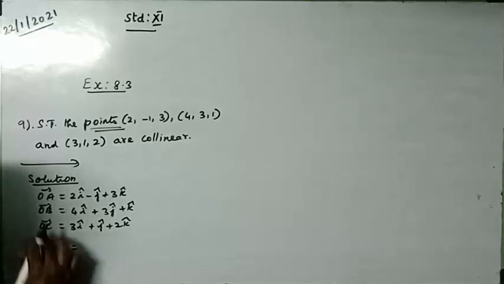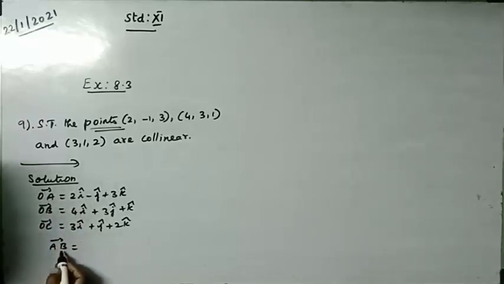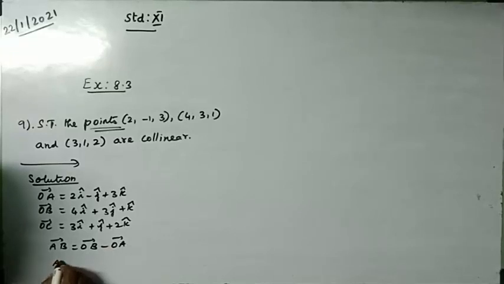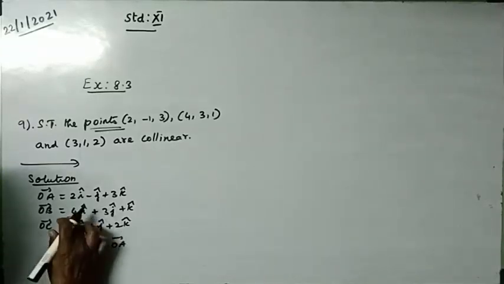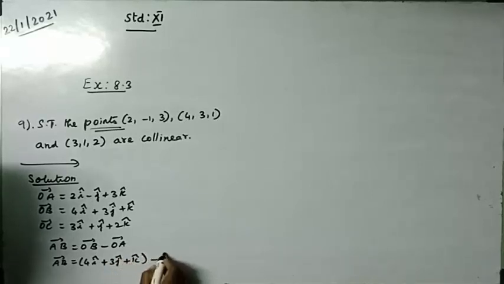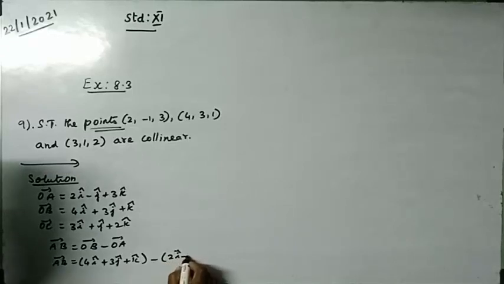Since they are position vectors, we can write AB vector as OB vector minus OA vector. So AB vector is equal to OB vector, 4i cap plus 3j cap plus k cap, minus OA vector, 2i cap minus j cap plus 3k cap.